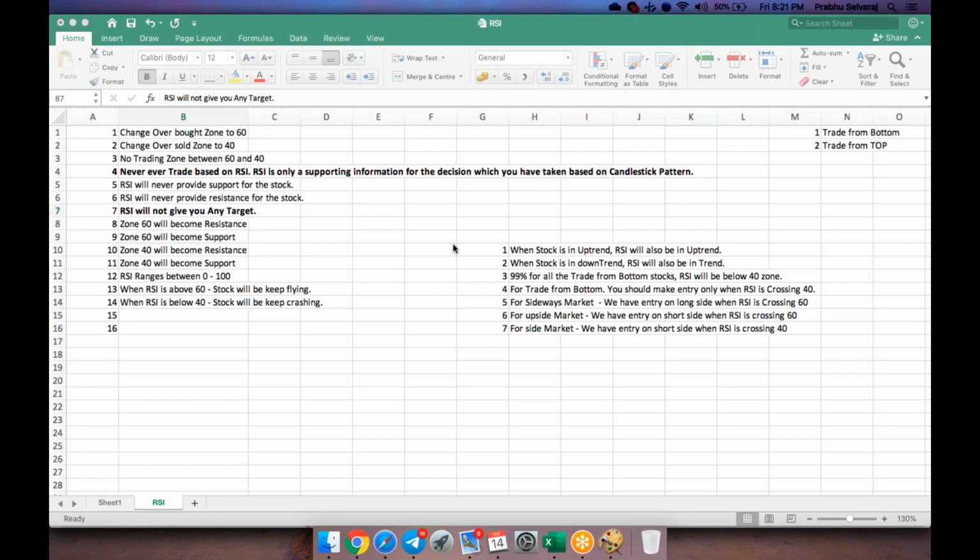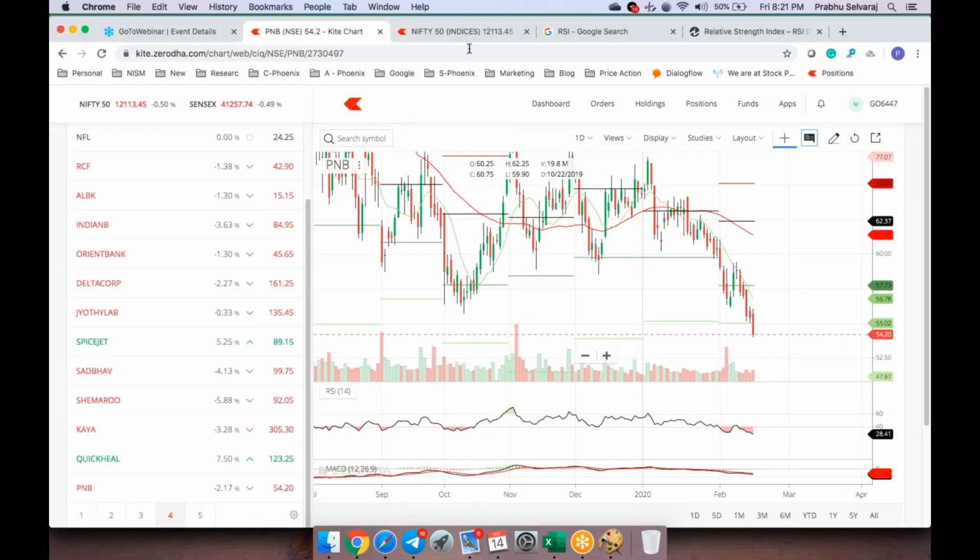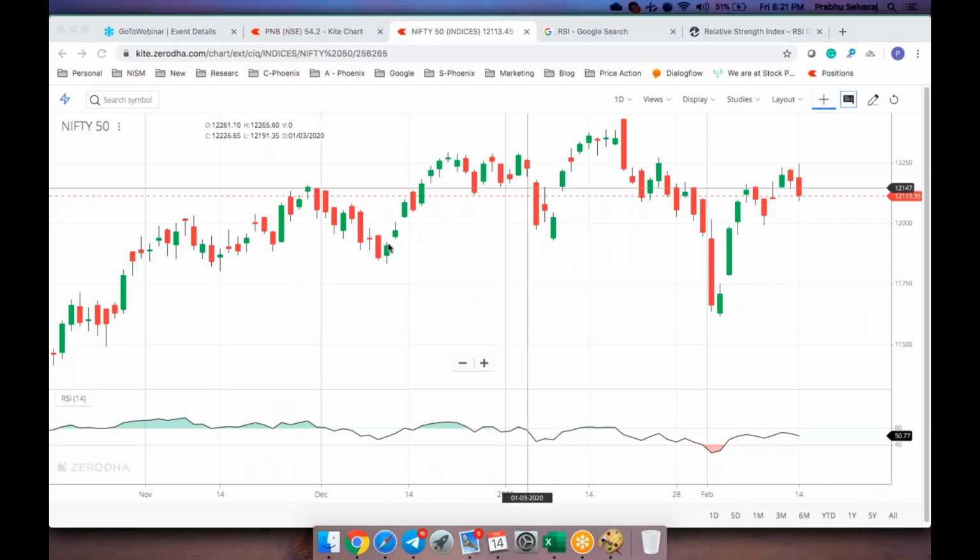What RSI 14, Ankur? RSI 14 only. I explained it already at the start of the class itself. What doubt is there in that? It's a 14 period.